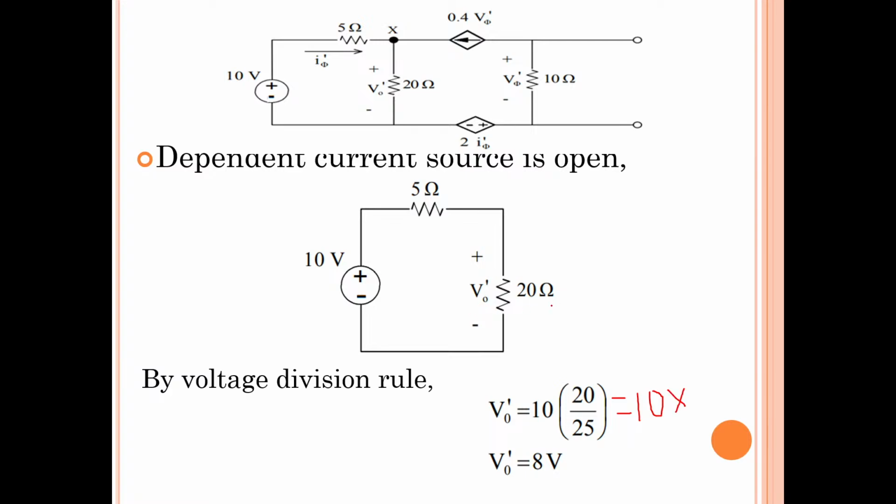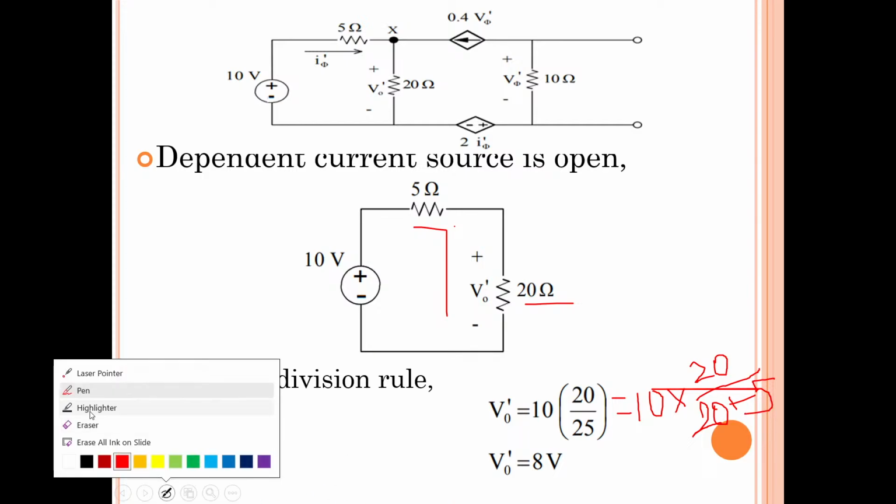V naught dash is across which resistor? 20 ohms. So into self resistance, that is 20, divided by self resistance 20 plus opposite resistance, meaning series resistance. These two, 5 ohms and 20 ohms, are connected in series. 20 plus 5.